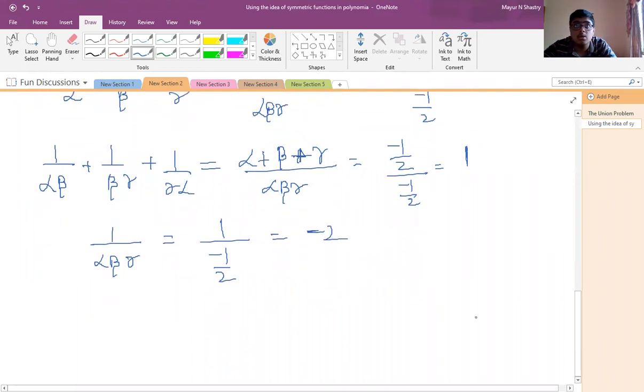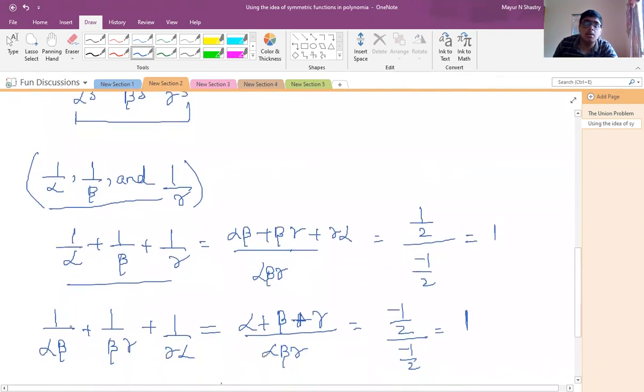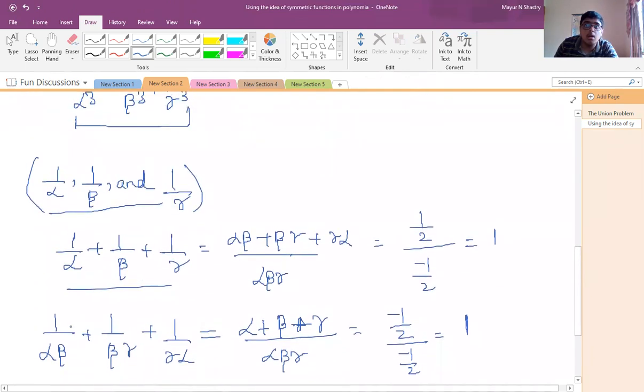Now, this is going to be our x square coefficient. So it's going to be something like this. We're going to have the polynomial to be x cube. A small mistake: 1 by alpha plus 1 by beta plus 1 by gamma is supposed to be negative 1. That's a small mistake.